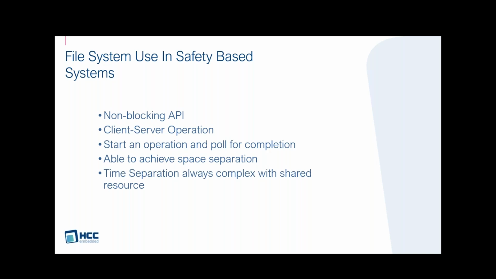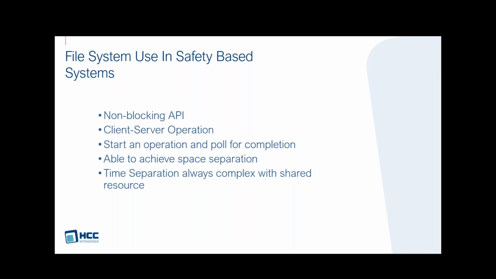And then the file system has to take a slightly different approach to a standard file system API. The aim here is to create freedom from interference between applications, partitions within that system. To do that, we create non-blocking APIs for each of the API calls to the file system.